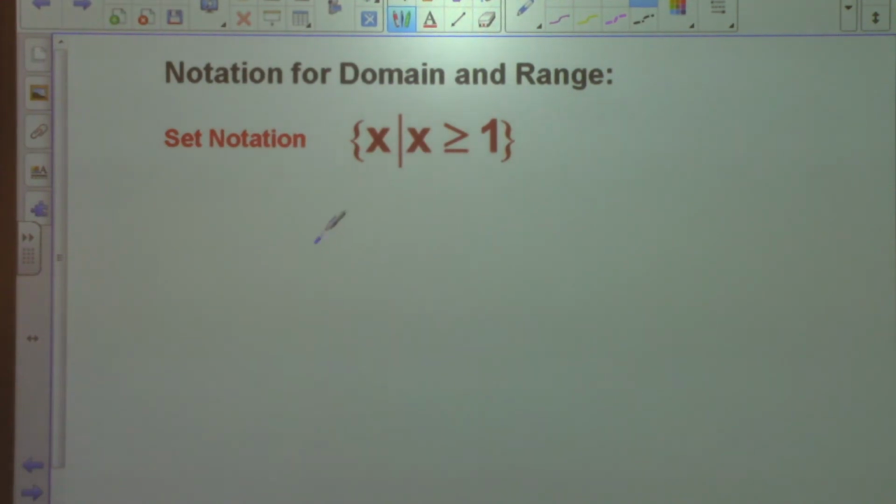Okay, the way we would say this verbally is X, and then what does this little vertical line segment mean? The word "such that." Okay.